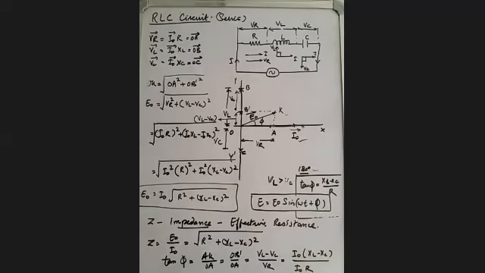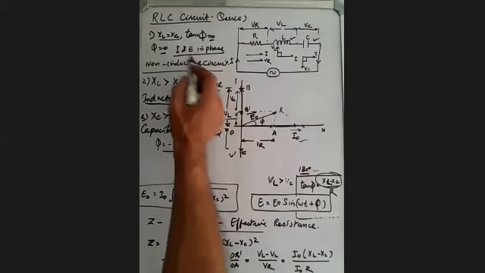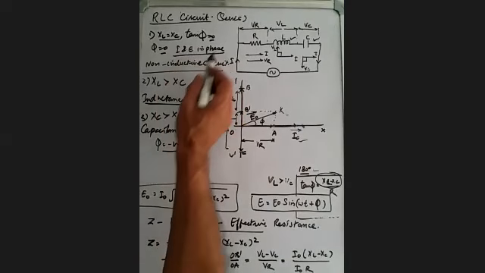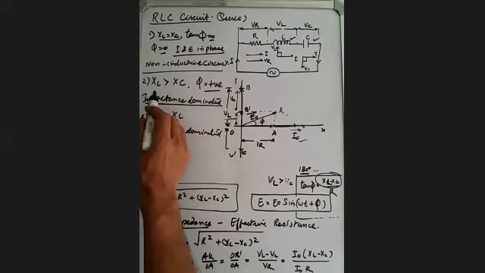Okay, so we discussed three cases. When XL equals XC, tan phi will be 0, and that means it is a non-inductive or purely resistive circuit because I and E are in the same phase. Now when XL is more than XC, it is an inductance dominated circuit.